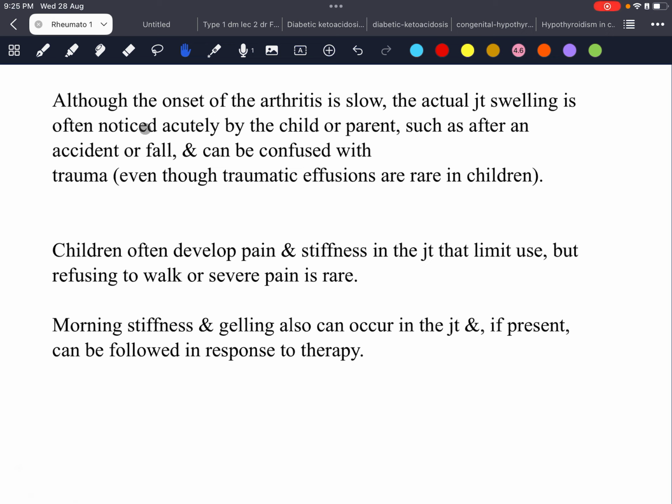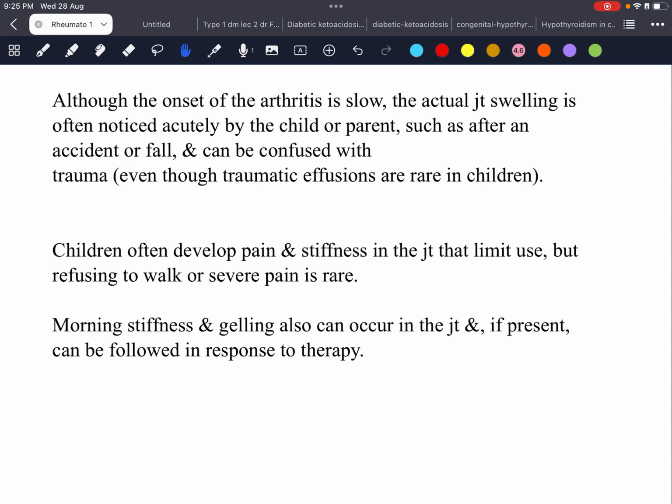It says here that although the onset of arthritis is slow, the acute joint swelling is often not noticed by the child or parent until after an accident or fall, and can be confused with trauma. That means we have arthritis associated with joint swelling, but the family of the patient does not notice this swelling until after an accident or trauma.